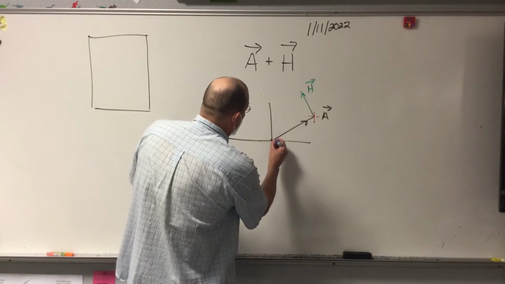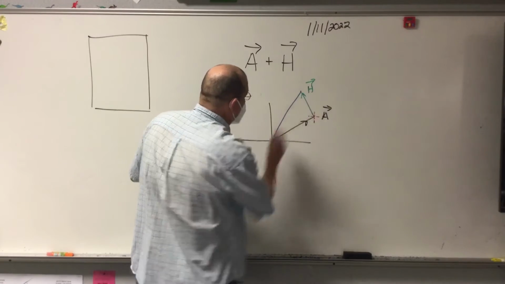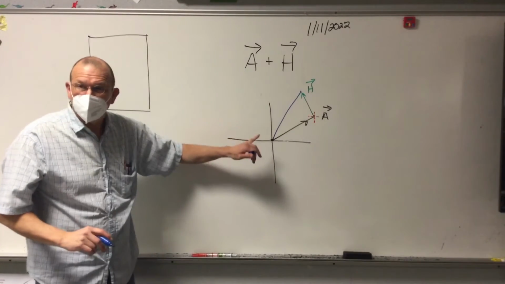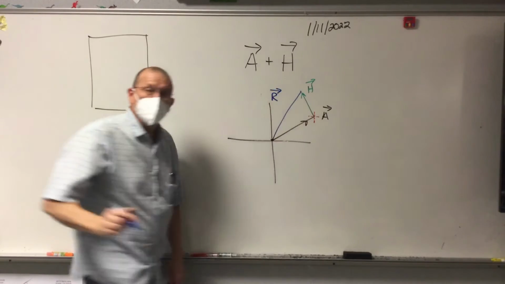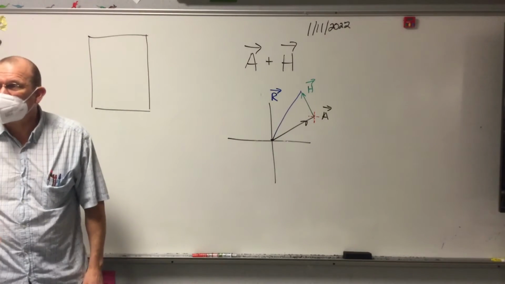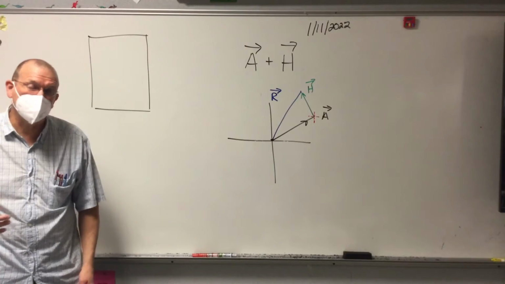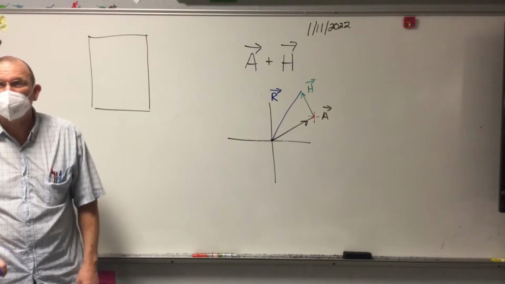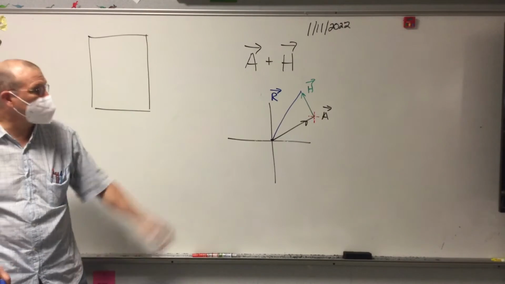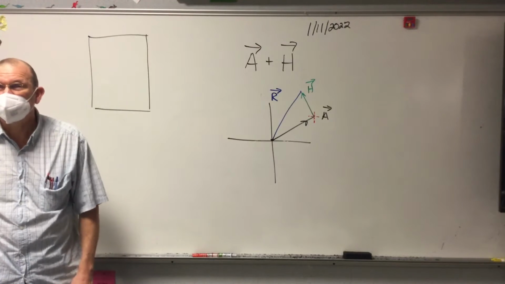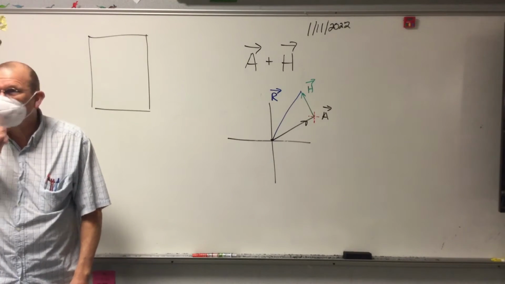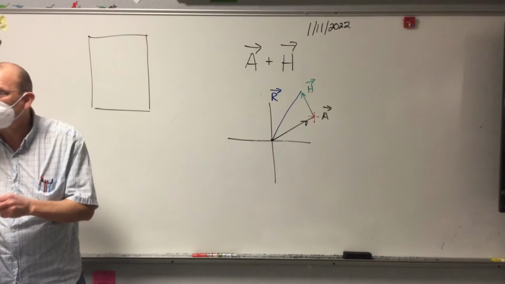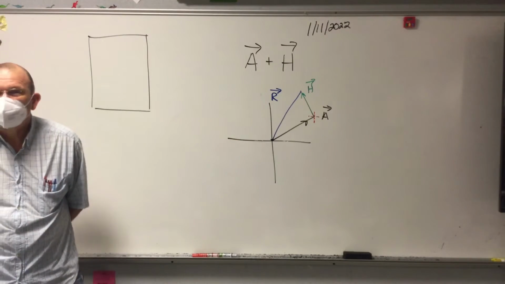And the way that you form it is basically connect the two, and this becomes your R, but you have to point this the right way. And based on what we discussed yesterday, how would you describe to somebody how to figure out which way it points? Okay.